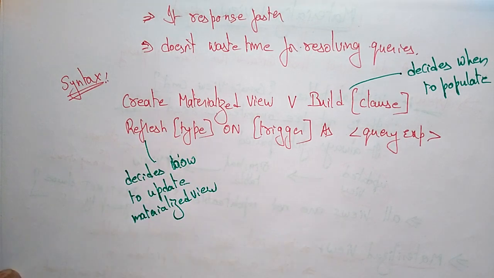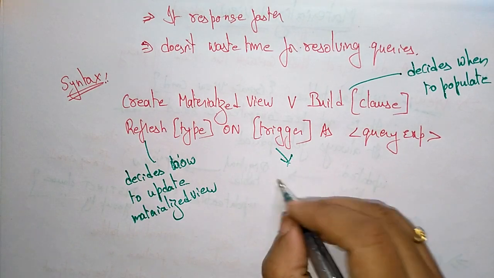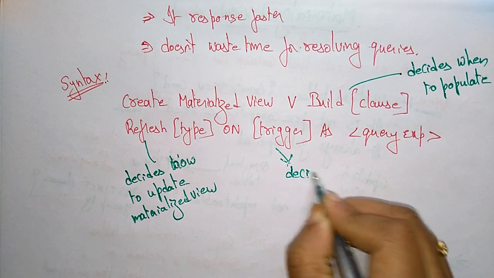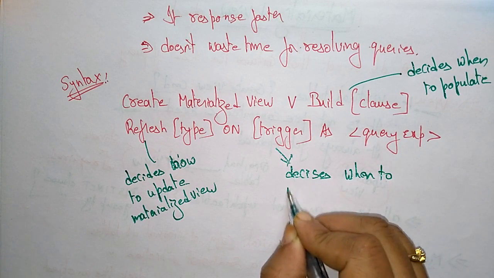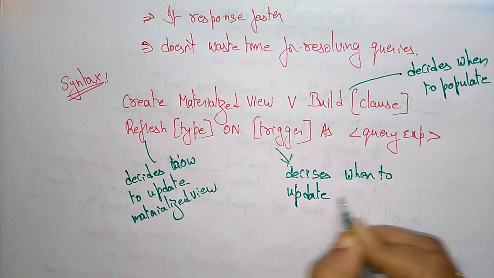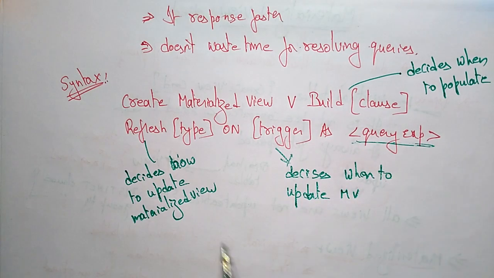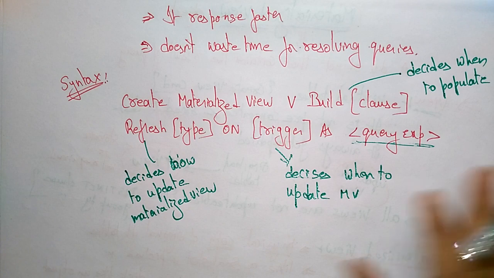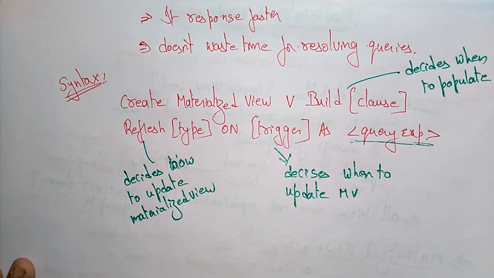The trigger decides when to update the materialized view, based on the query expression. So this is the syntax of materialized views, which are used in database tables.